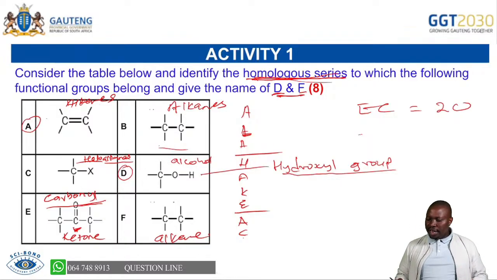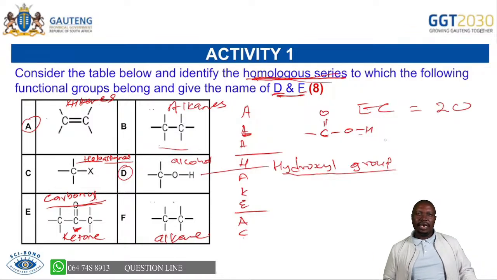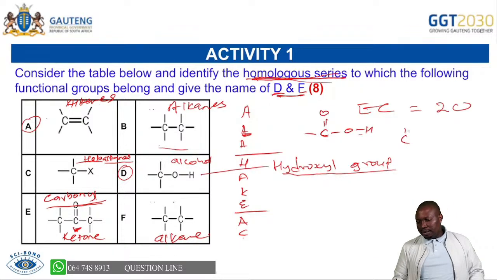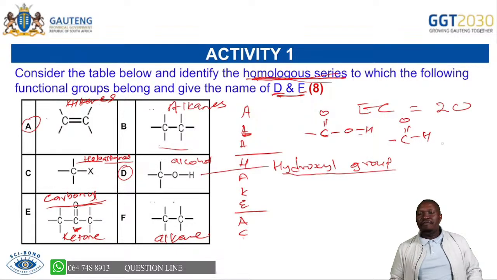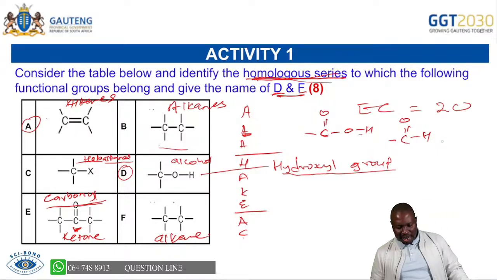What are the others with names? We said it's the carboxyl group, which is the C double bond O and then OH, for carboxylic acids. And then the other one with a name is the C double bond O with an H for aldehydes, which we call the formyl group. So know all those 4 names, guys.